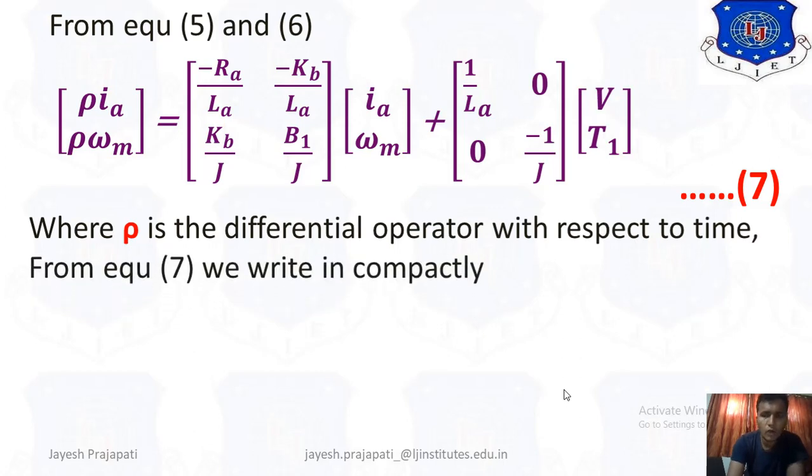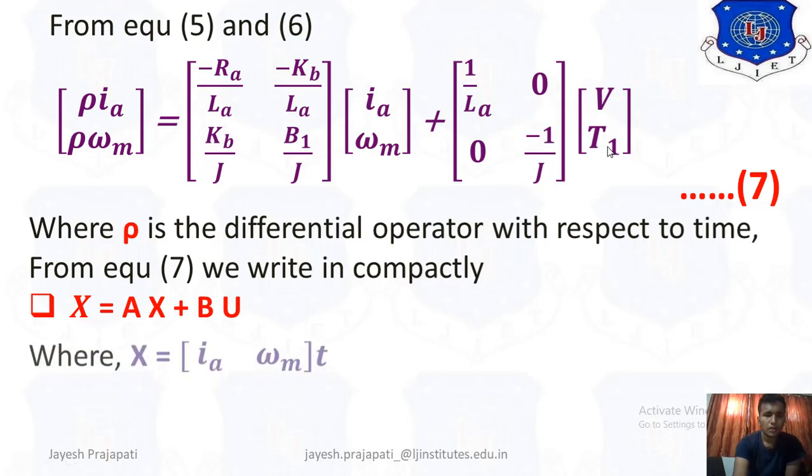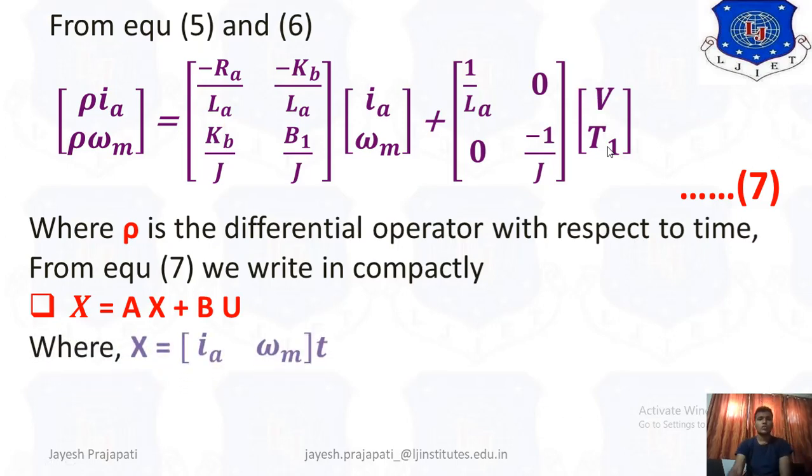And from equation 7 we write it compactly as rho x is equal to Ax plus Bu, where x is the transpose of [ia omega m], and u is the transpose of [v t1].